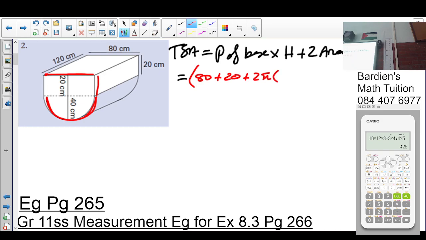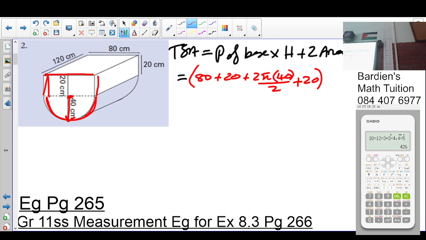What's my radius? 40. But that is the circumference of a circle. Is it a circle or semicircle? Semi. So I divide by 2, plus this length here, 20. Can you see there I got the perimeter of the base?